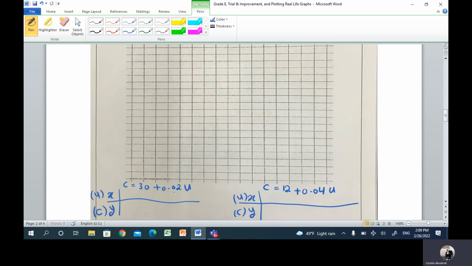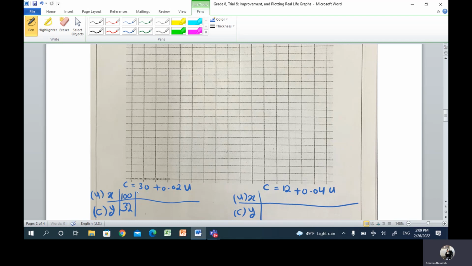In order to get rid of the decimal, we must start with a U that is equal to 100. If we substitute the first U as 100 in the equation, you're going to say 30 plus 0.02 times 100. If you insert this in the calculator, you're going to end up with Y as 32.